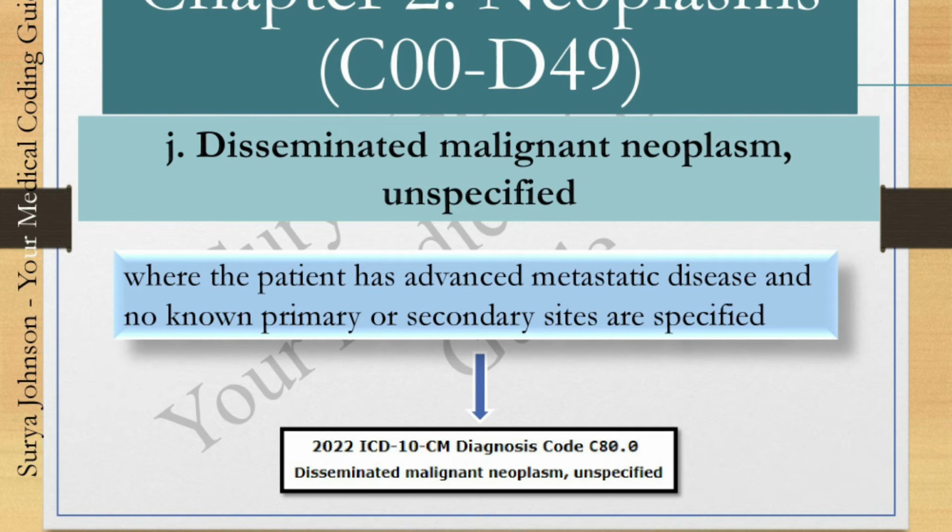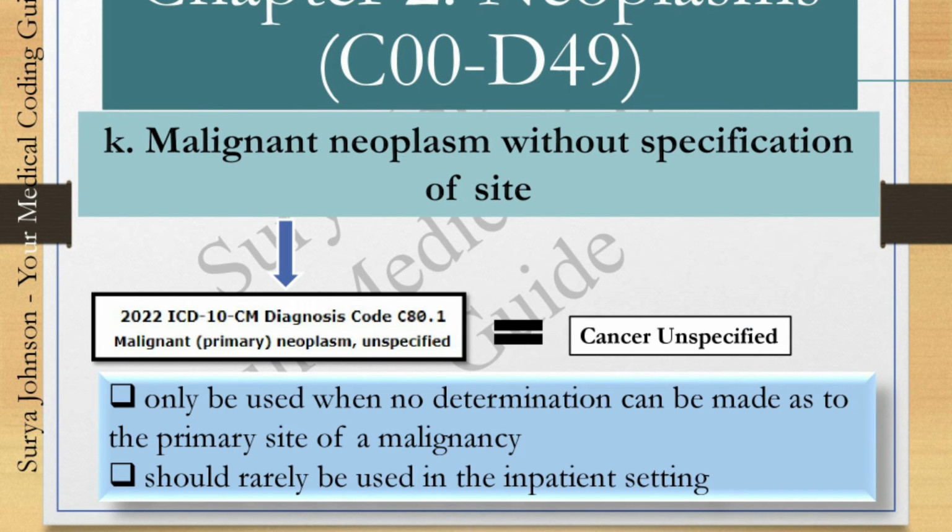The next scenario here is K, malignant neoplasm without specification of site. So, there is a malignant neoplasm, but the site cannot be specified. First, if you see anything like that, you should query the physician. Even if no determination can be made about the primary site of the malignancy, it should be coded as C80.1, which is malignant neoplasm primary unspecified.